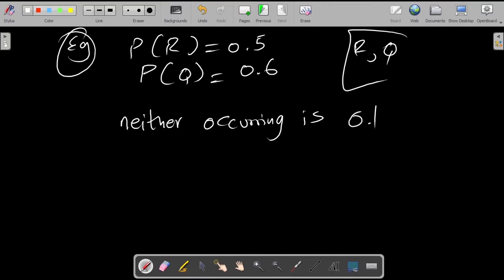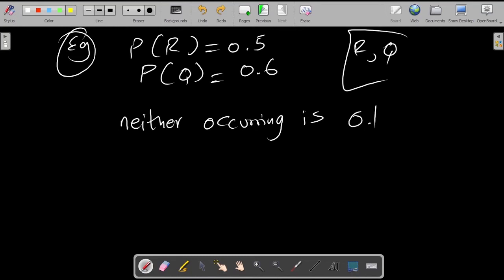So now the question is, what does this mean? So basically we're told that the probability of neither R or Q occurring is 0.1.